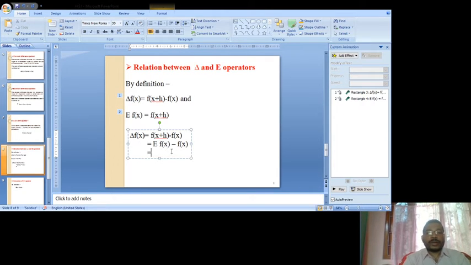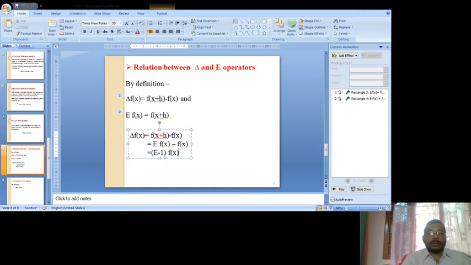Take f of x as a common factor. So we can write capital E minus 1, then f of x. Here we have taken f of x as the common factor.